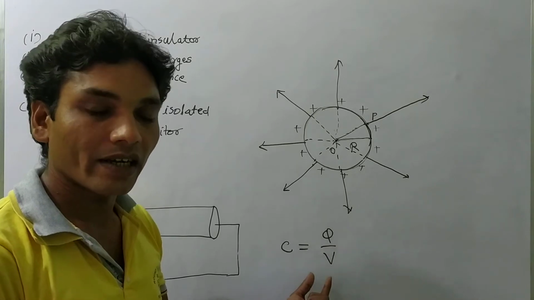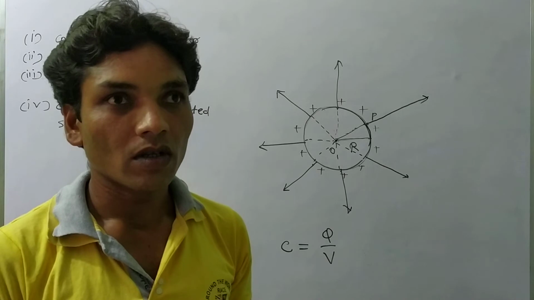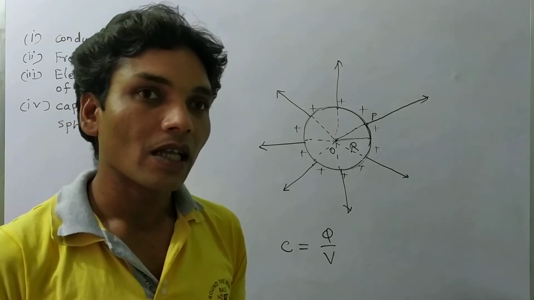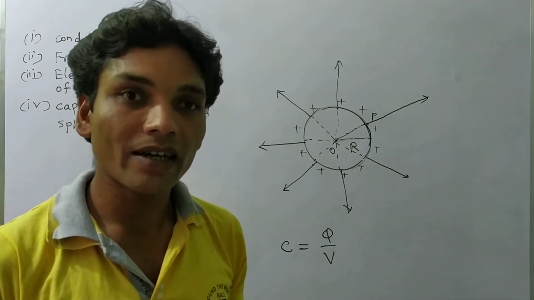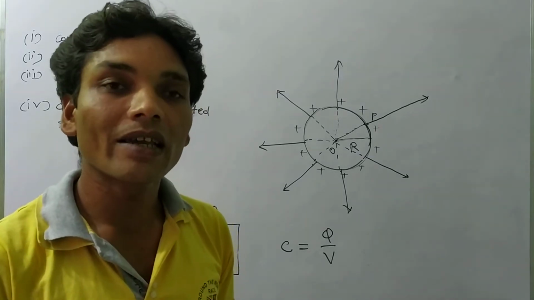Why is it called electrical capacitance? Because charge is stored in the conductor, and charge is electric. So that's why this capacitance is called electrical capacitance.